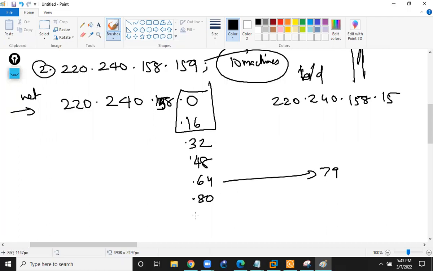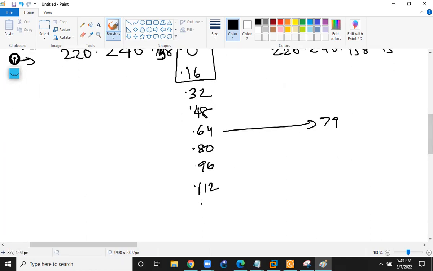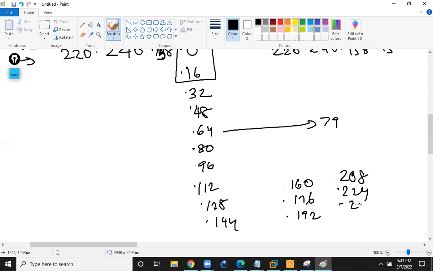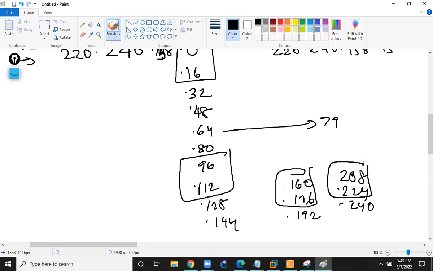Then 96, then 112, then 128, then 144, then 160, then 176, then 208, then 224, then 240. Very good. So everywhere when you check the difference, you will find the difference is 16. So you'll keep on adding the block size. Clear, guys? Now the next one.